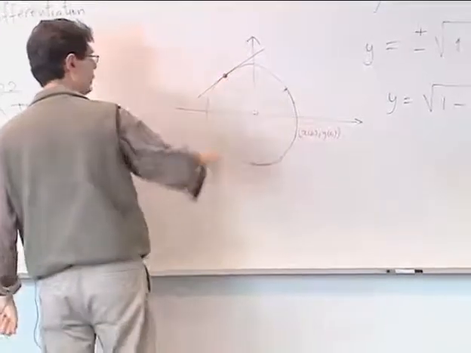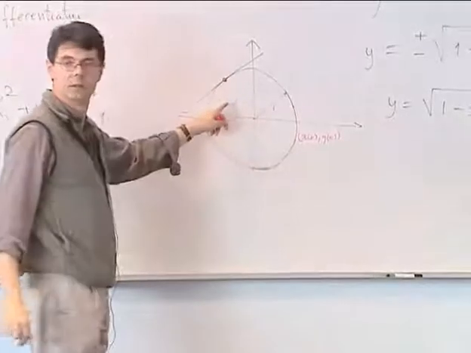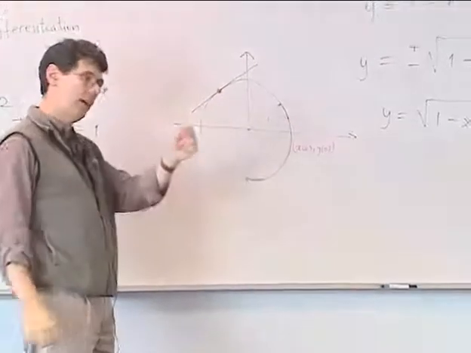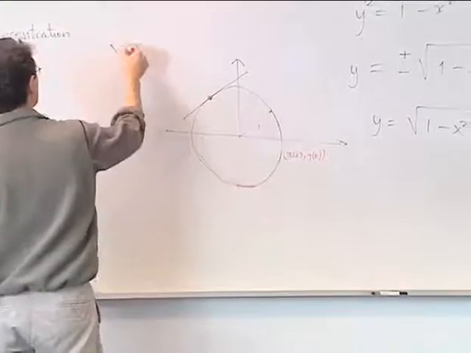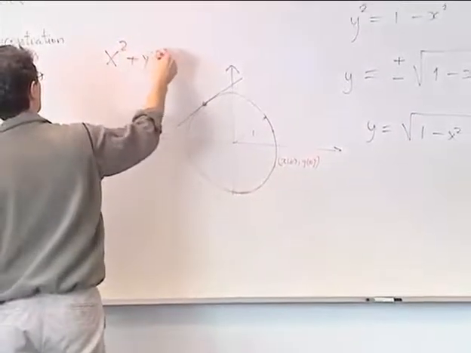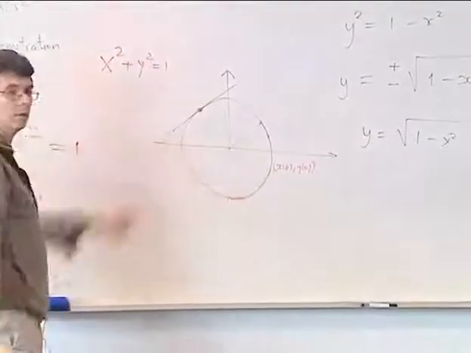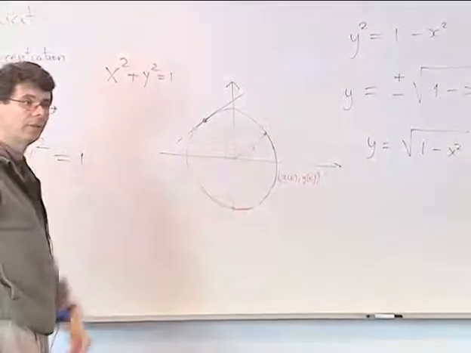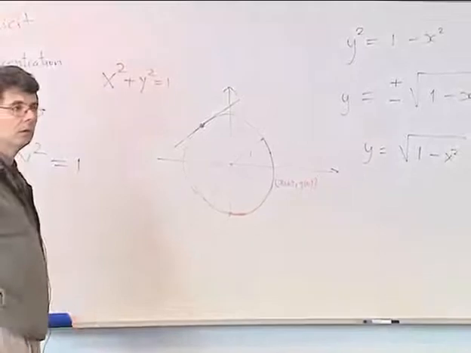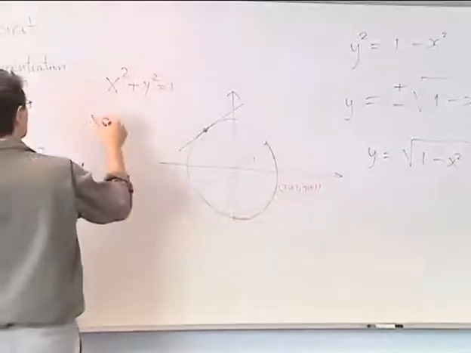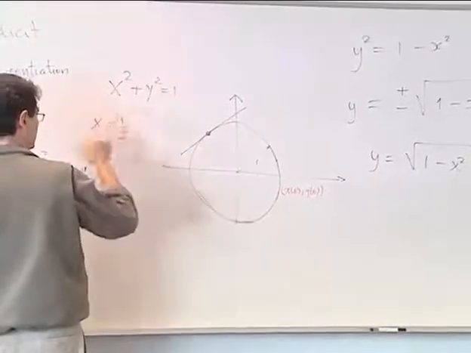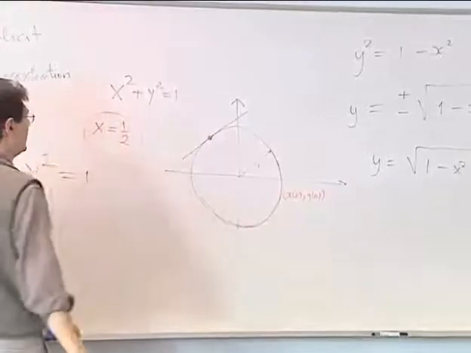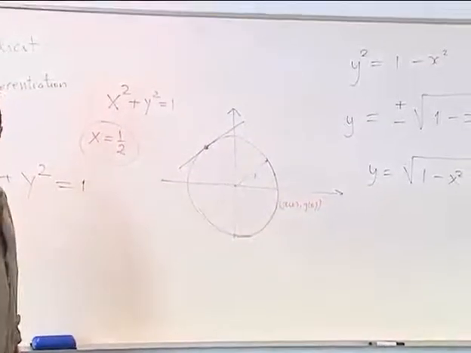Let's take a point on the circle here. So I need a value for x and a value for y. Give me a value for x. A quarter. No, a half. Okay? Let's take x equal a half. Right?